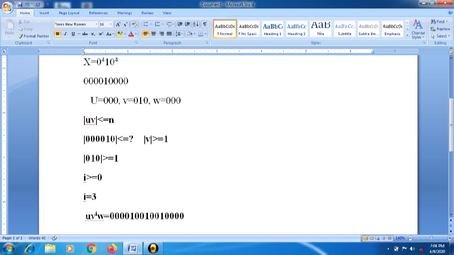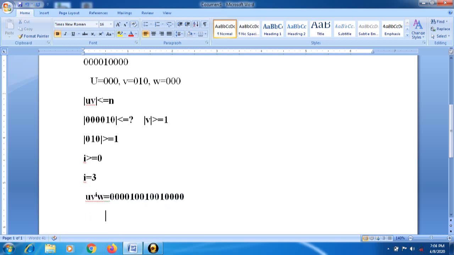Here we have four zeros, so we will write four zeros. After that one, then two zeros, again one, again two zeros, again one, and after that four zeros. Now check whether the string is satisfied. Yes. So the third condition is also satisfied. But whenever we consider the value of i as 0, in that case what will happen?